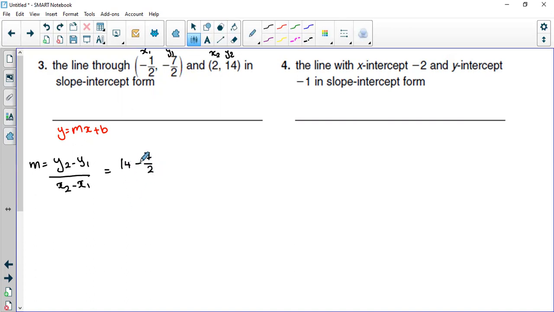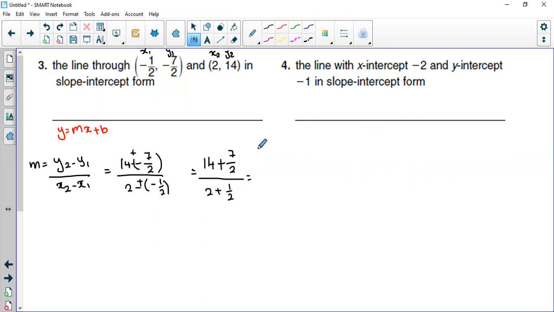Minus minus, because one minus is from the formula and one is from the number, divided by x2, which is 2, minus negative half. So minus minus would give us plus, which means now the one we are going to solve is 14 plus 7 over 2 divided by 2 plus 1 over 2, or half.